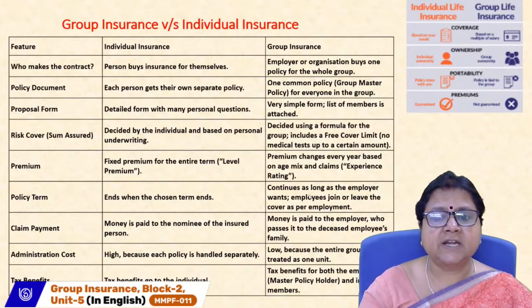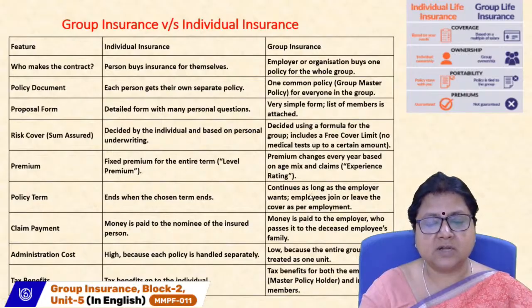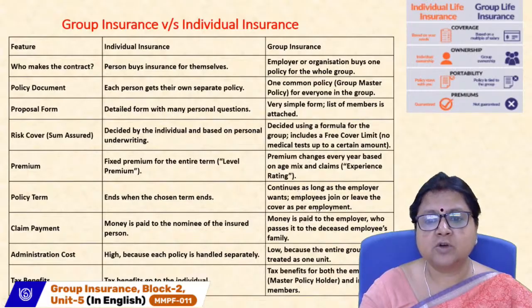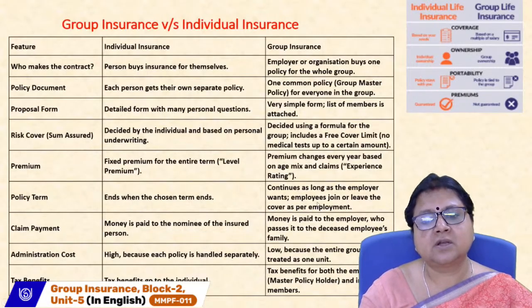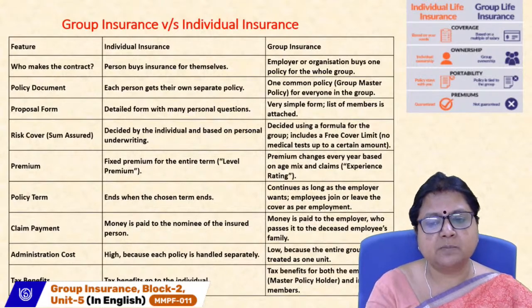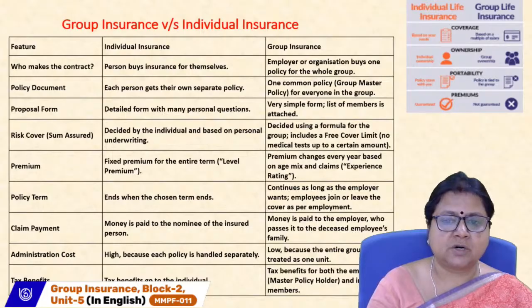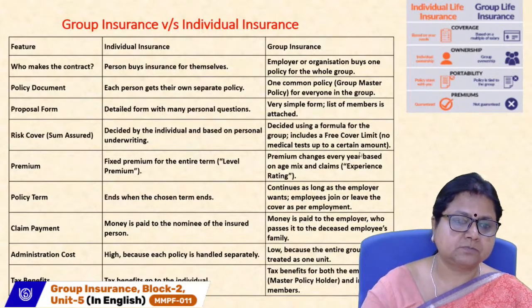But here the policy continues as long as the employer wants that policy to continue. So an employee might join the company, then he is under the coverage of that policy. But when the employee leaves the company, then he will not be entitled to coverage under the policy.